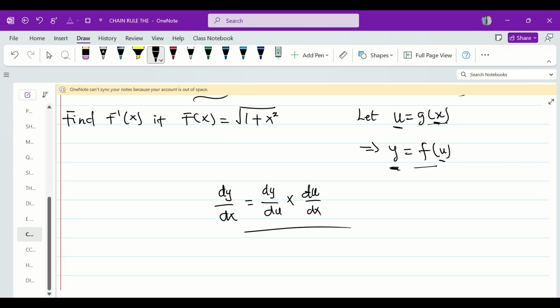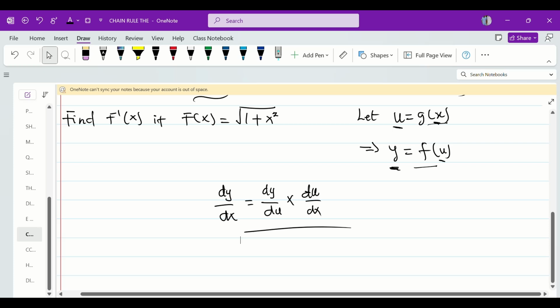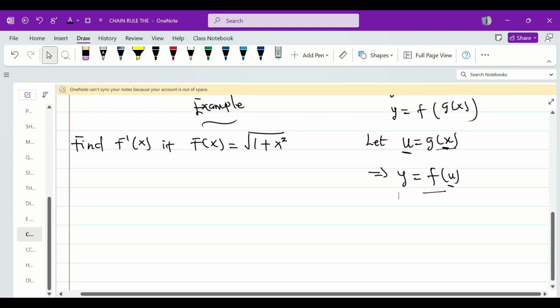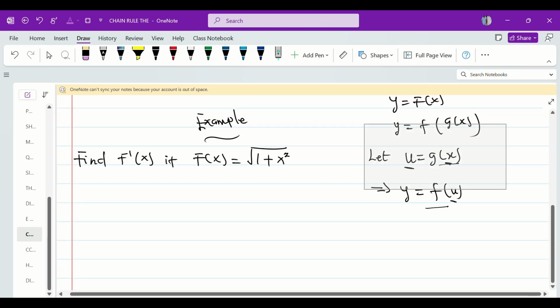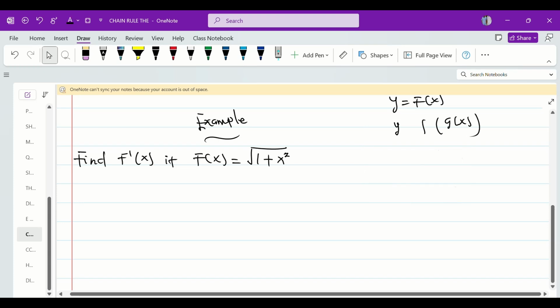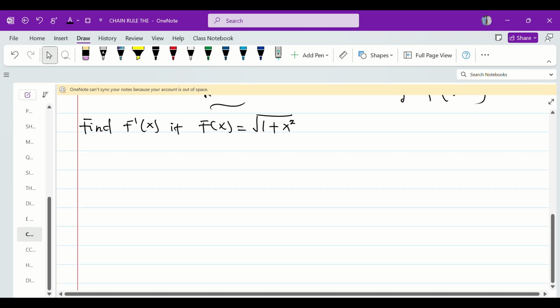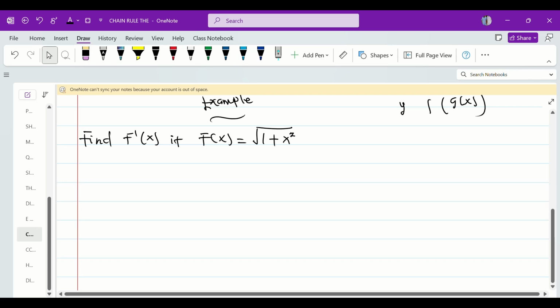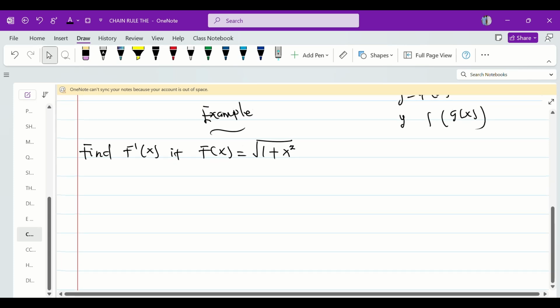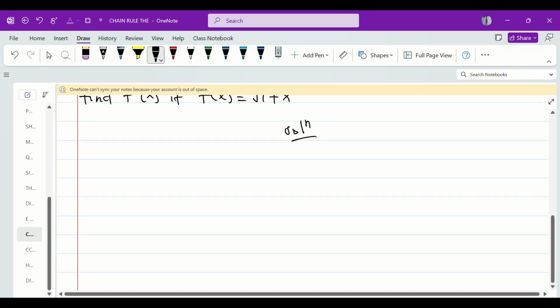So let's take an example. We are to find f prime of x if f of x is equal to the square root of 1 plus x squared. Let's solve it. You have been given f of x to be root of 1 plus x squared.